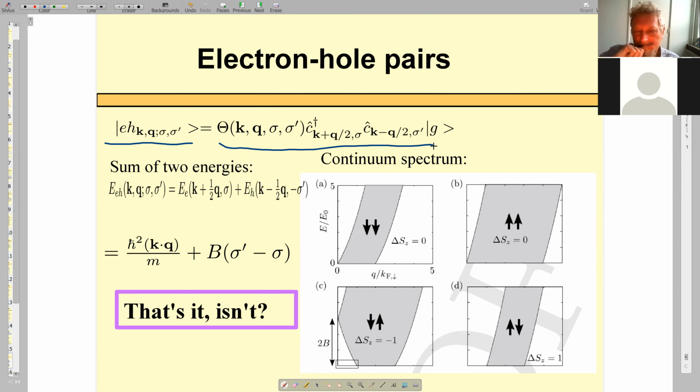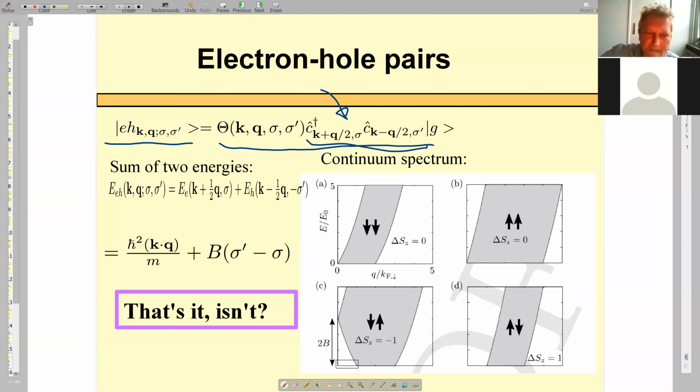I choose it in such a way that the total momentum is the same, but there's also a difference of momentum between electrons and holes, right? And if these operators work on this state, they shouldn't give zero.